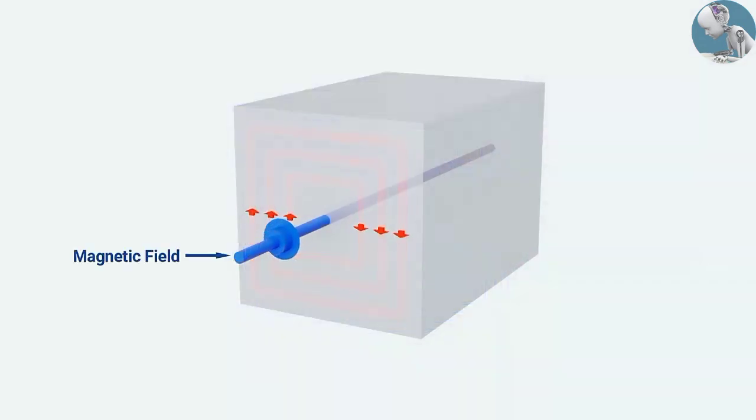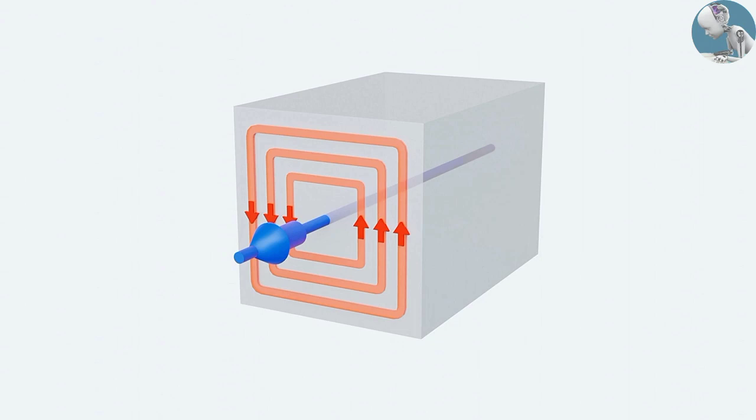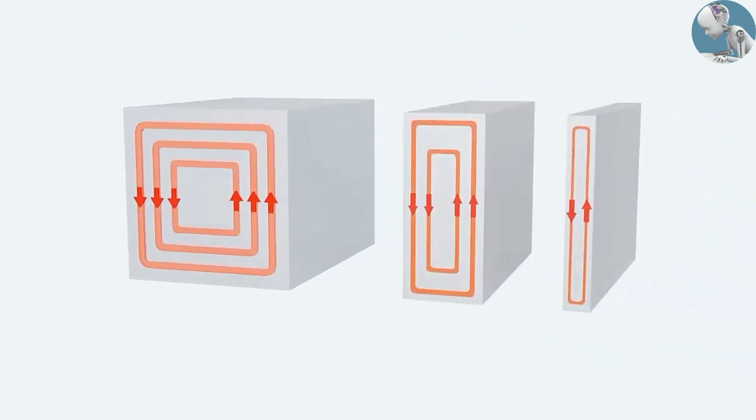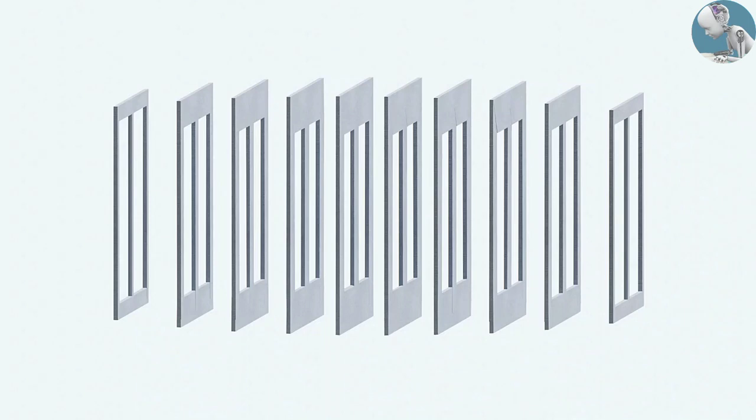Whenever a changing magnetic field is passing through a metal, eddy current is developed perpendicular to the field. Eddy current causes loss of energy by opposing the available magnetic field. Since the eddy current flows about the cross-sectional area of the material, reducing the area reduces the magnitude of the eddy current. This is why transformer cores are made up of thin insulated sheets instead of a solid metal.